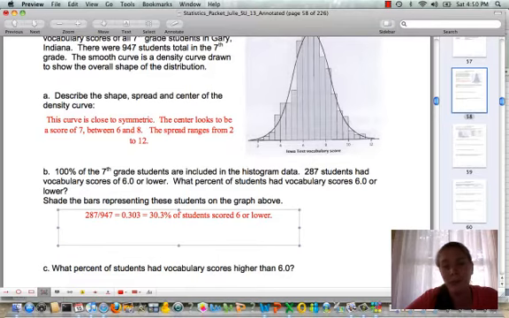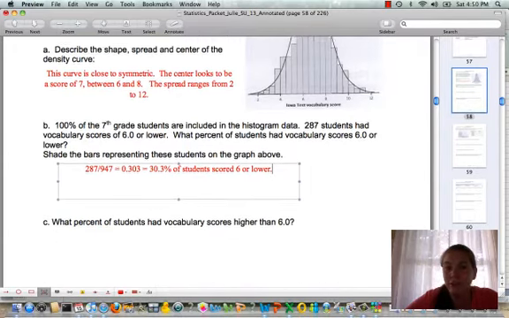Now it's asking us to calculate what percent of students had vocabulary scores higher than 6. So we could go through subtraction and figure out how many students different that was and then calculate. An easier way to do it is that we know that this graph contains 100% of the 7th grade students.